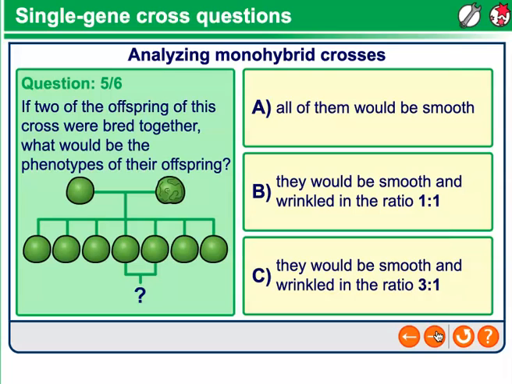Question 5. If 2 of the offspring of this cross were bred together, what would be the phenotypes of the offspring? With this cross, they would be smooth and wrinkled in the ratio of 3:1.